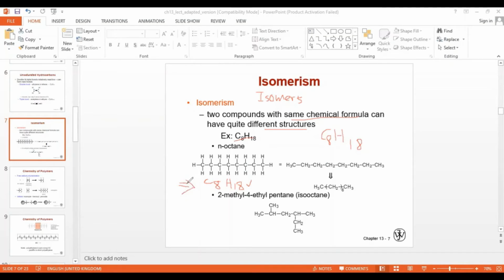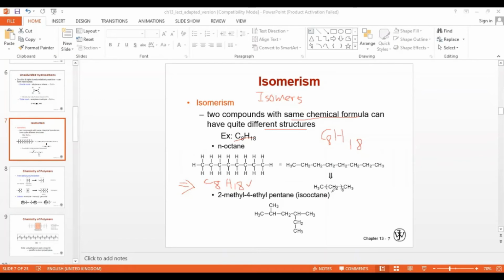Now we are looking at how to represent that C8H18. What are the possible ways? Another way is CH3, CH2 6 times, CH3. This is what I showed you in the second slide. We put a bracket with a subscript, which does not mean it is a polymer.